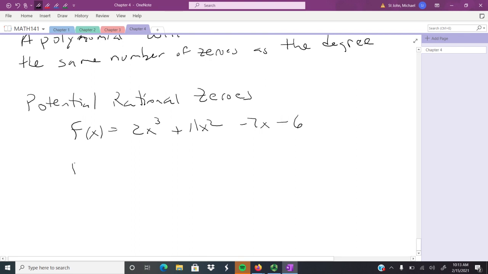So the p is going to be that constant number, and the factors of 6 are going to be plus or minus 1, plus or minus 2, plus or minus 3, and plus or minus 6. And then the q is the front number coefficient, which will be plus or minus 1 and plus or minus 2.